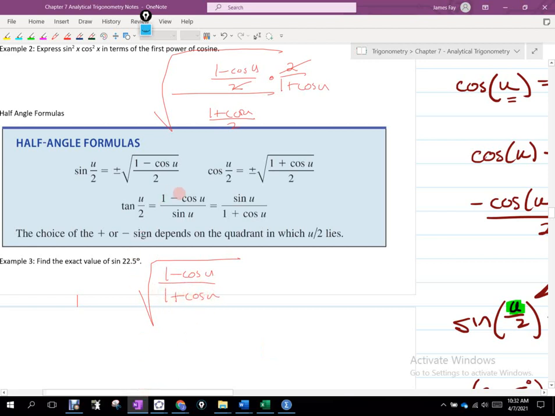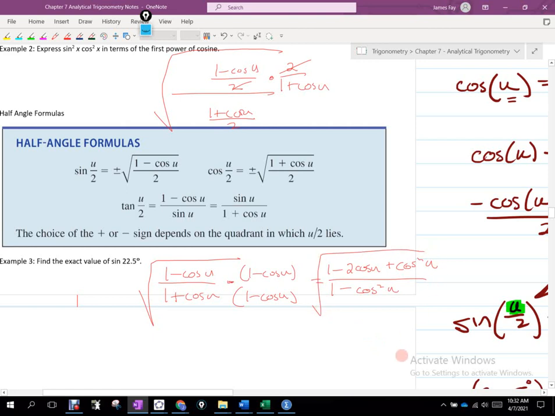What we can do here is multiply this by the conjugate, 1 minus cosine u over 1 minus cosine u. If I do that, up top I get 1 minus 2 cosine u plus cosine squared u, and on the bottom I get 1 minus cosine squared u, right?